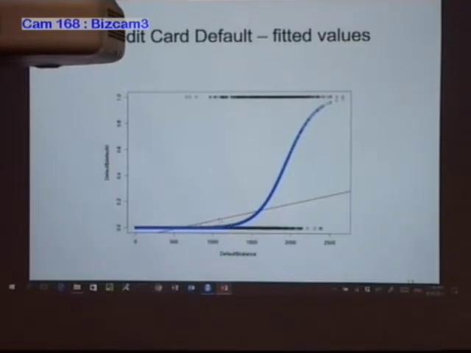So this is linear. This is logistic. Okay? So let's try to make sense of this S shape. This is the best fit, representing what, the black points. Those are our data points. Right? We have 10,000 customers.